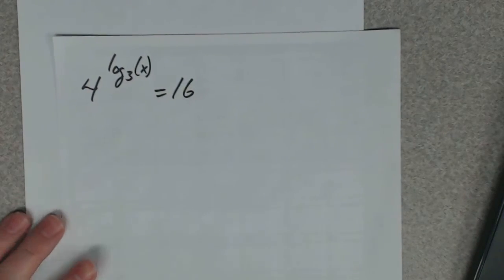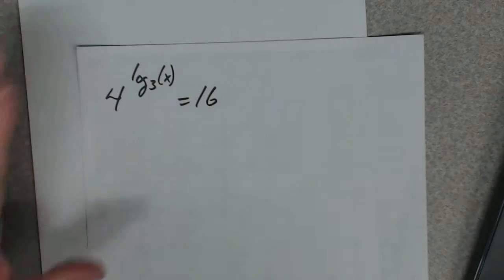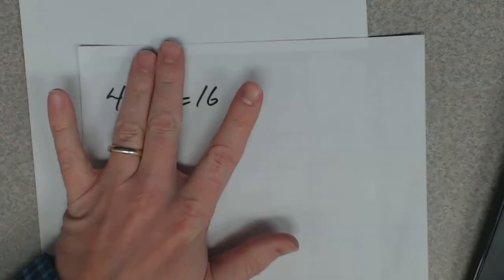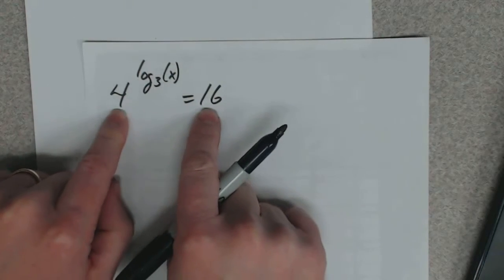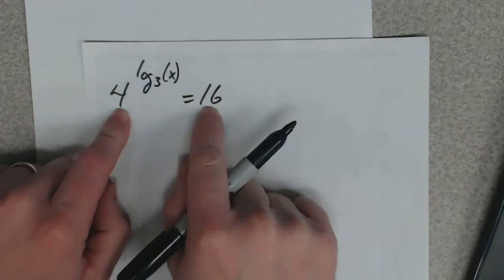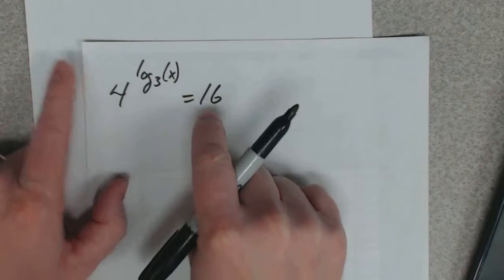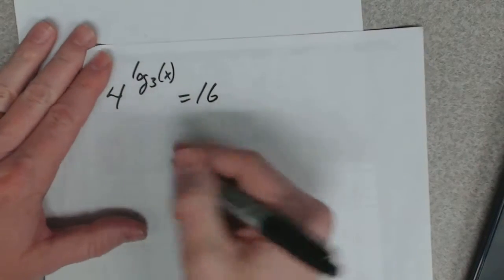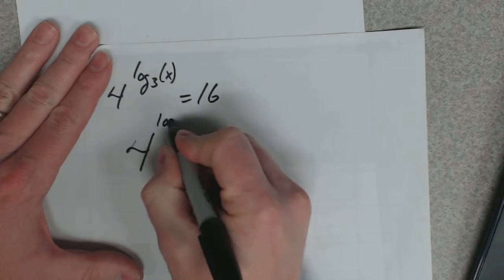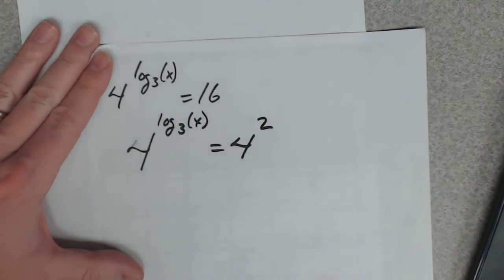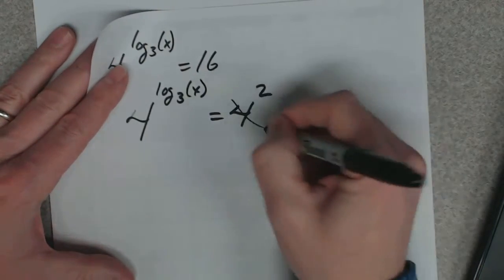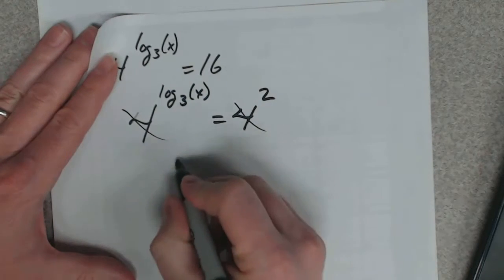Let's put the log up in there in the power. You're thinking, well, I don't know how to do that. Well, actually, you do know how to do this. If you've done 7.1 already, remember how you do this where, imagine that's just an x. You want to get the same bases, 4 and 16. 4 squared is 16. So you could rewrite the 16 as 4 squared. Well, you got the same bases. So remember how I just like to say they cancel?